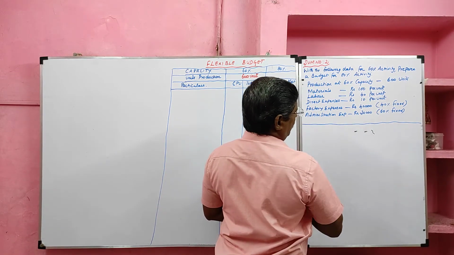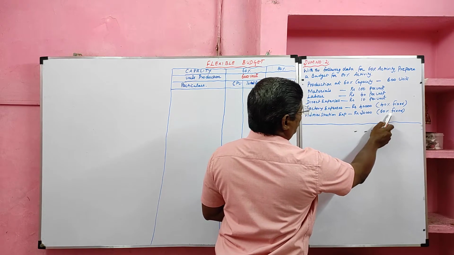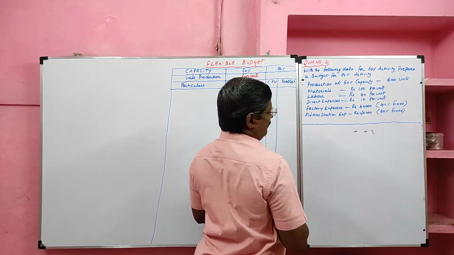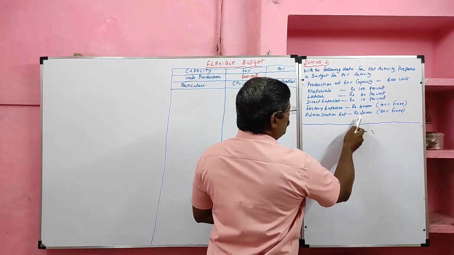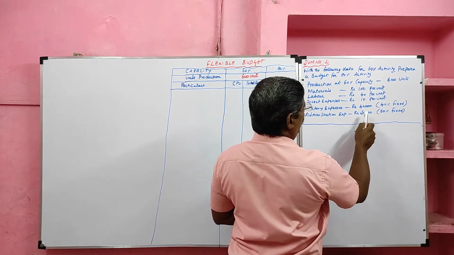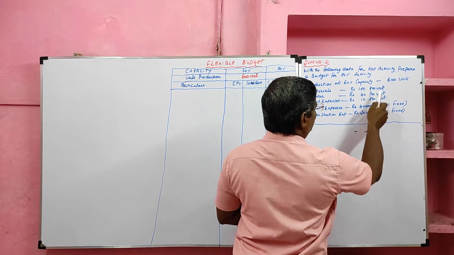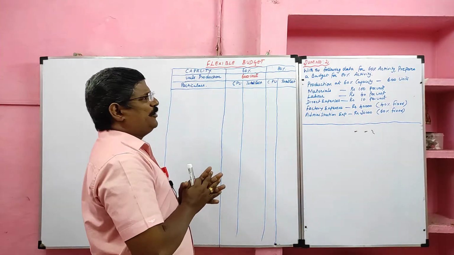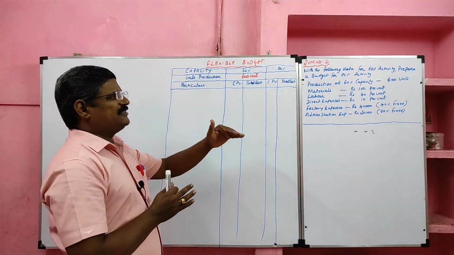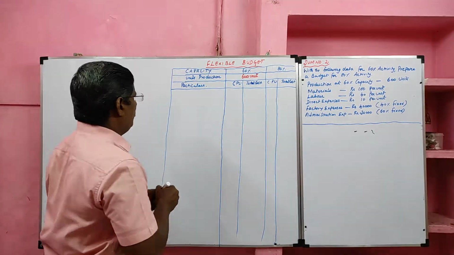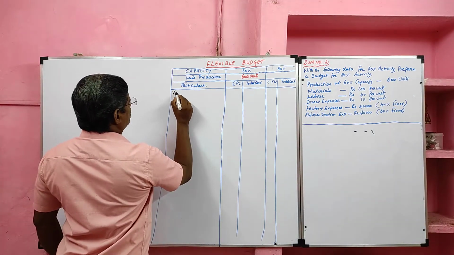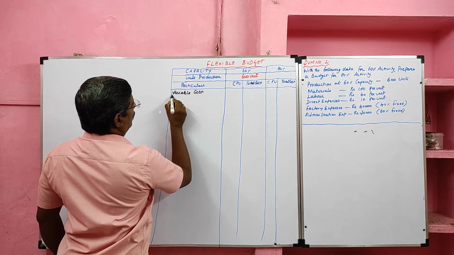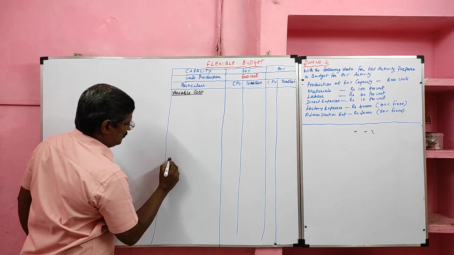So it is semi-variable, 60% fixed and 40% variable. Here also the total cost is given for 600 units. Students, here we are going to classify these costs into two categories, namely variable cost and fixed cost.